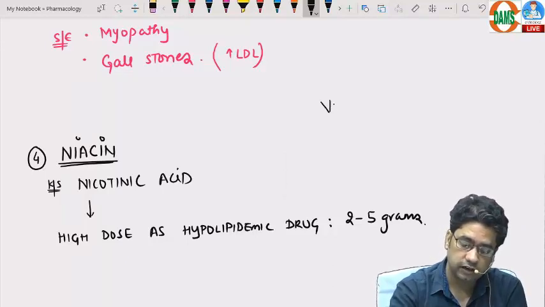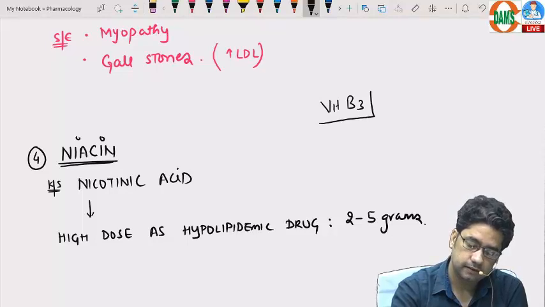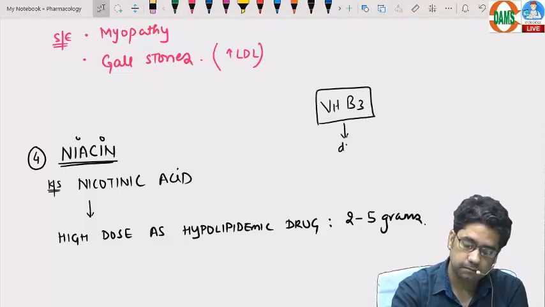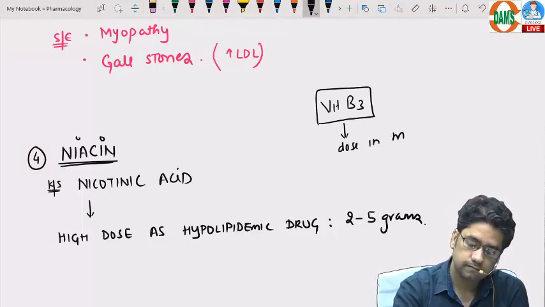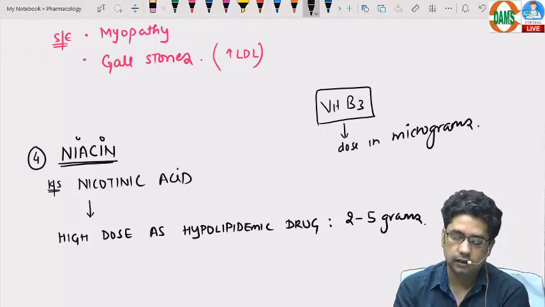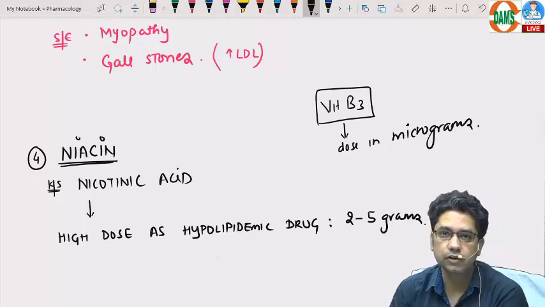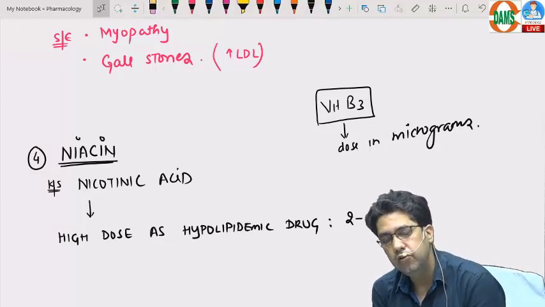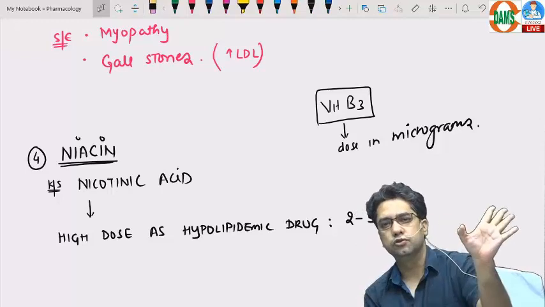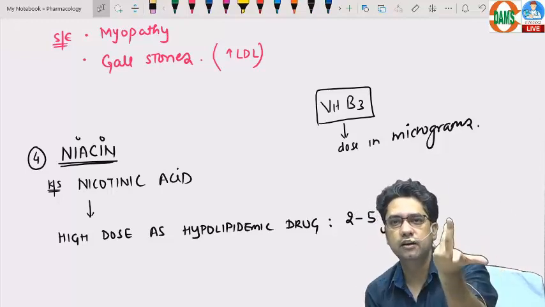Remember, when you give vitamin B3, niacin, it requires a dose in micrograms. The vitamin dose of niacin is in microgram. When you give niacin in very high dose, it becomes a totally different drug.